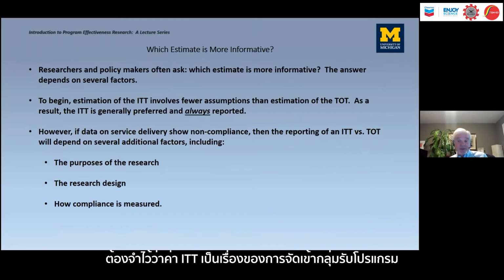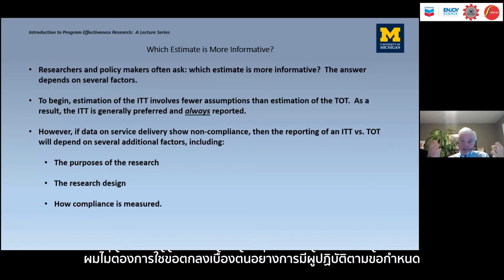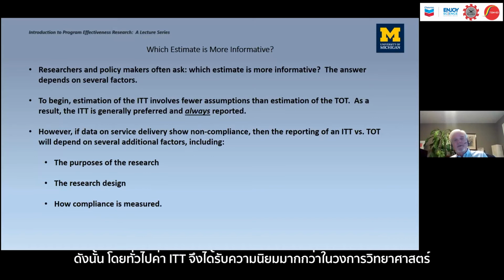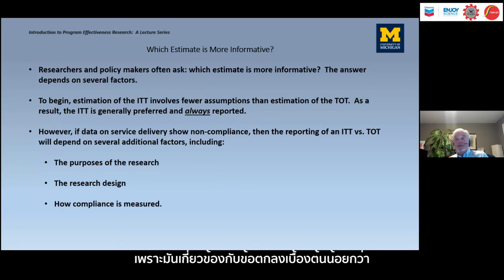Remember, the ITT is just about assignment to treatment. I don't need assumptions about compliers and never takers and so on. So the ITT is generally preferred in the scientific community because it involves fewer assumptions, and it is always reported because it's a very trustworthy estimate, especially under random assignment.